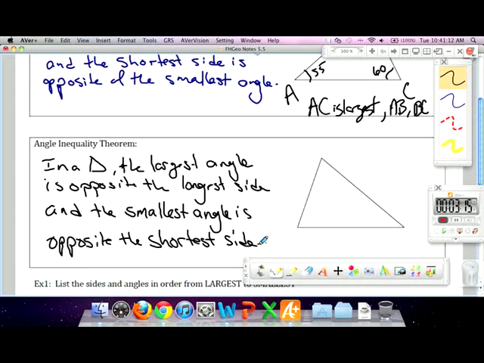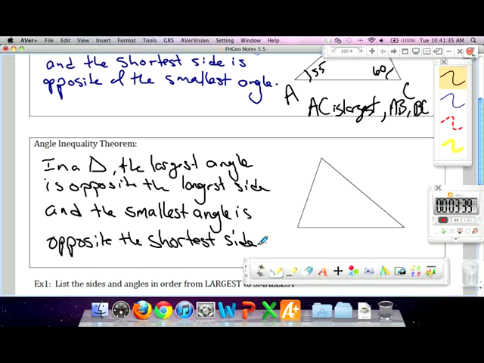The main difference is that in our first one, we know the angles, then we can compare the sides. In the second one, we know the sides, and we can compare the angles. They're very similar ideas. One's just the converse of the other, the reverse of it. But they're both true, which is kind of nice.